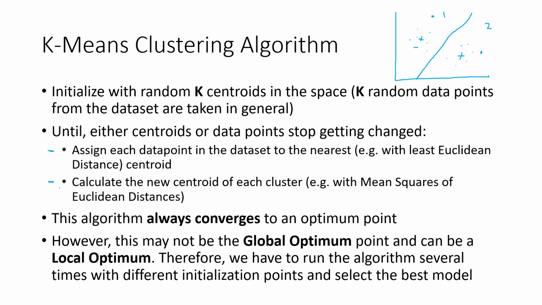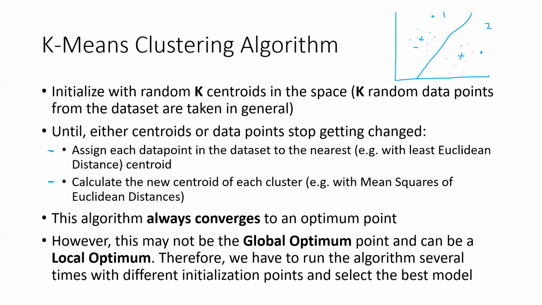So now the second step is we find the centroid again. We initially had some centroids, then we assigned data points to these two centroids, and then again for each of these clusters we find the centroid. So we find the least distant point, or the mean squared Euclidean distance for all of the data points in the cluster, and we define the centroids again.